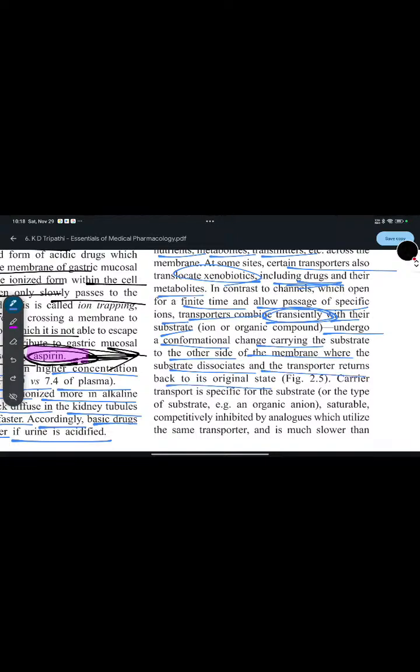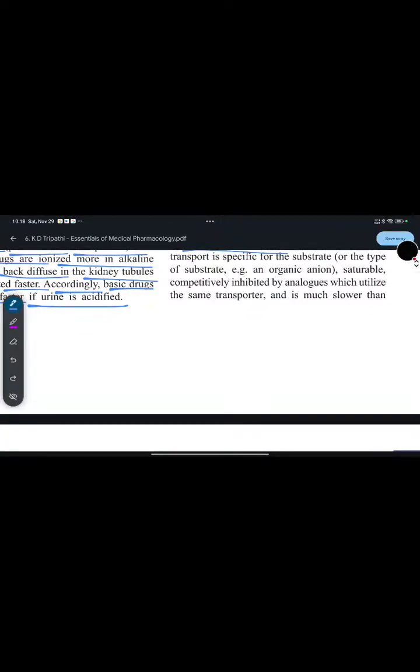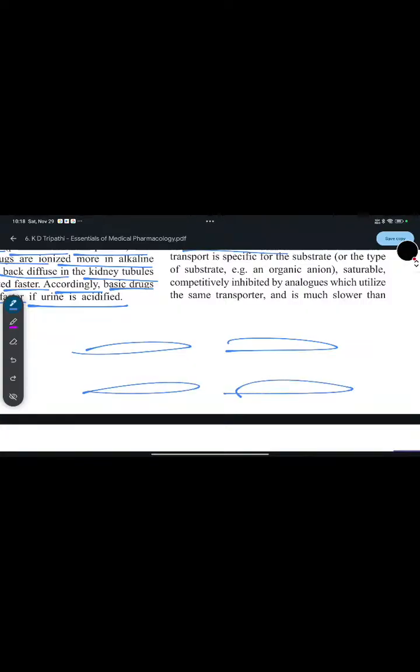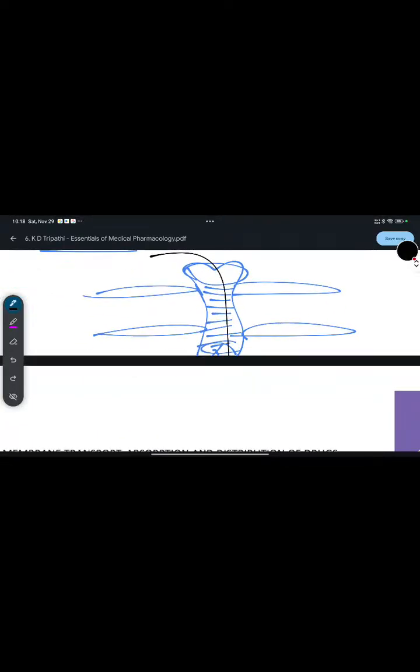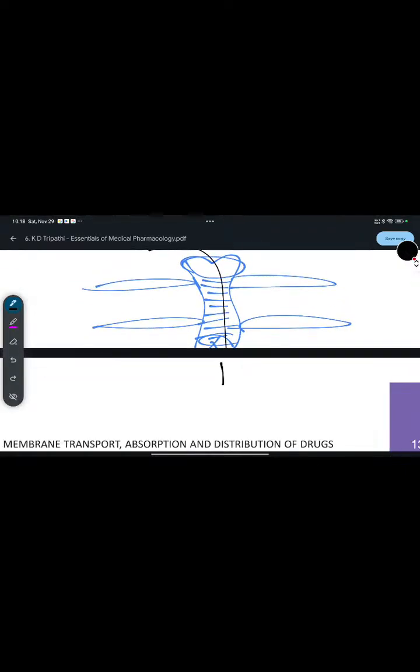What does it mean? These are protein channels. This is a lipid layer, and this is another lipid layer, so this is a lipid bilayer. In this lipid bilayer you will see a protein channel like this. Through this protein channel the substance will go inside the cell.